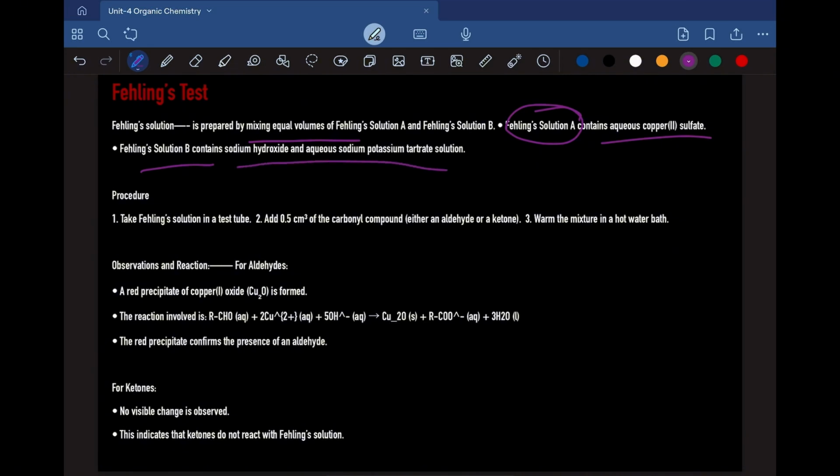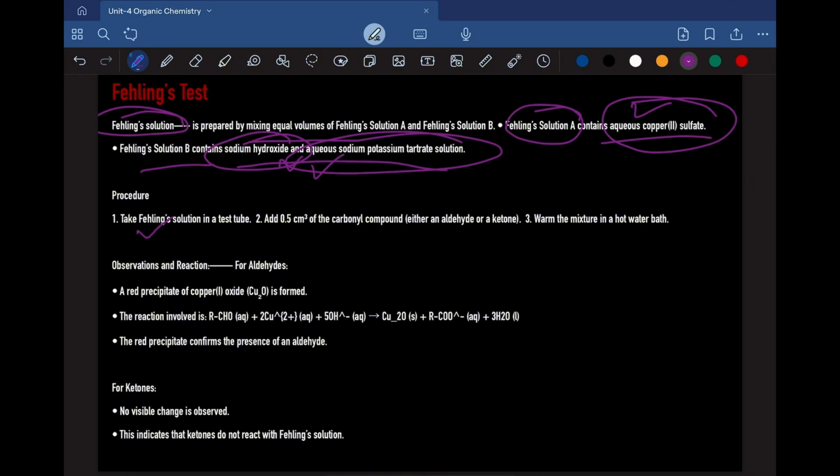When we mix these parts, Fehling solution will be formed, and then we will use it to carry out Fehling's test, which is the oxidation of aldehydes.